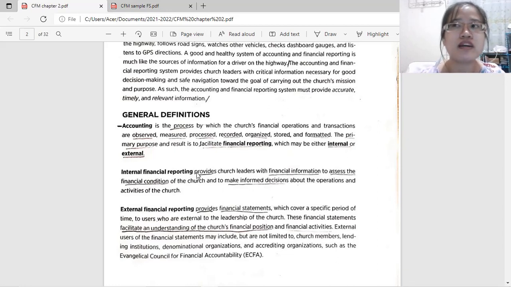But for the most part, internal financial reports must remain internal, mainly because of confidentiality. You don't want other people to know what's going on within the finances of the church, especially if it's somewhat negative.